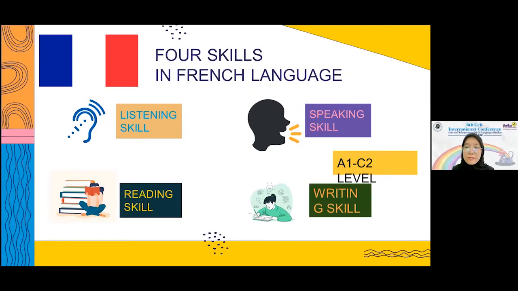And this concept is from the CECRL, Cadre Européen Commun de Référence pour les Langues, or the reference framework for languages in Europe, with levels from A1 to C2. A1 is the most beginner, and C2 is the advanced level.